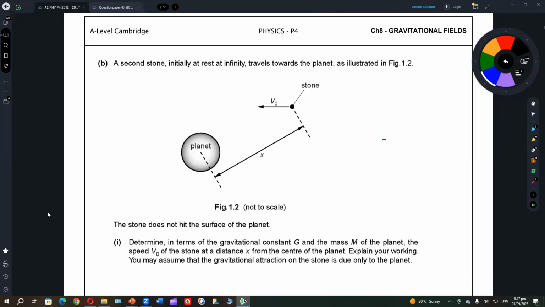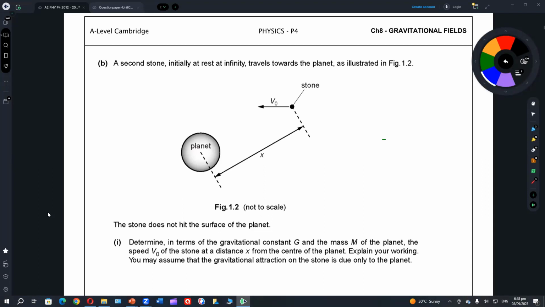It does not reach the surface. Maybe it's away and later it can orbit. So what we can assume here: the stone does not hit the surface of the planet. The stone is coming towards the planet, but not hitting it.